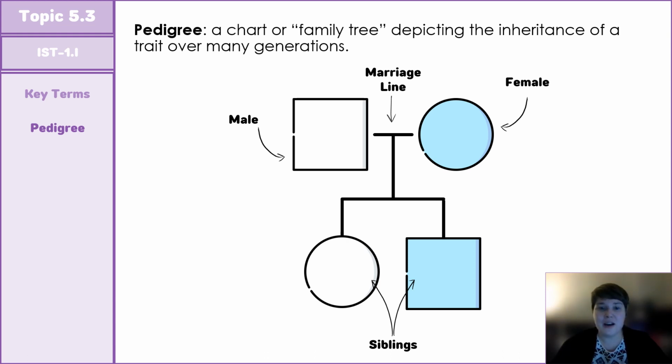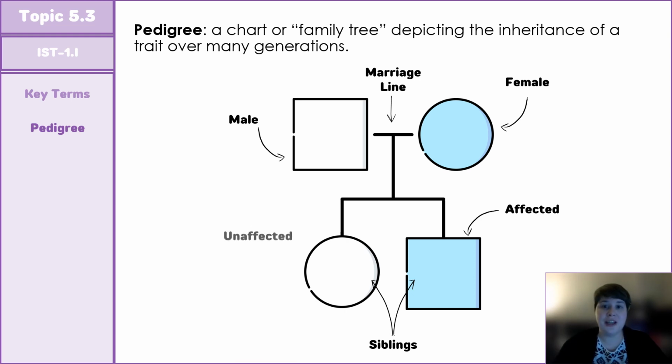So from there, we can determine other things like who has the characteristic in question. If we shade over a shape, that means that that individual is affected. So in this simple pedigree chart, we have an affected son and an affected mother.